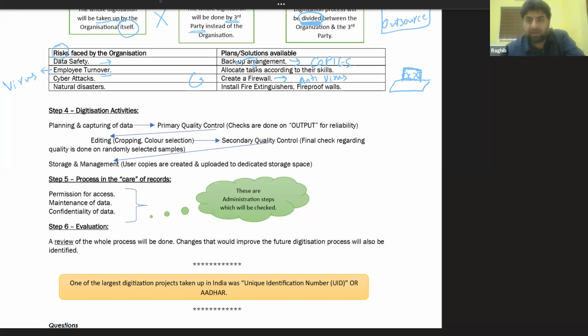So even if a pen drive is coming and getting attached, this layer is going to stop any kind of virus attack. So this is a wall which contains fire and it will burn everything, all the viruses and malicious bits. This is known as creating a firewall.